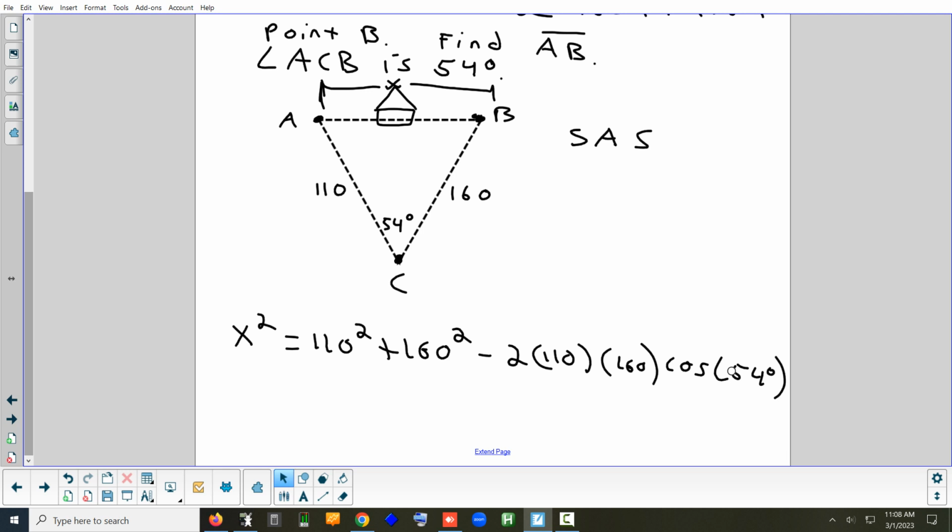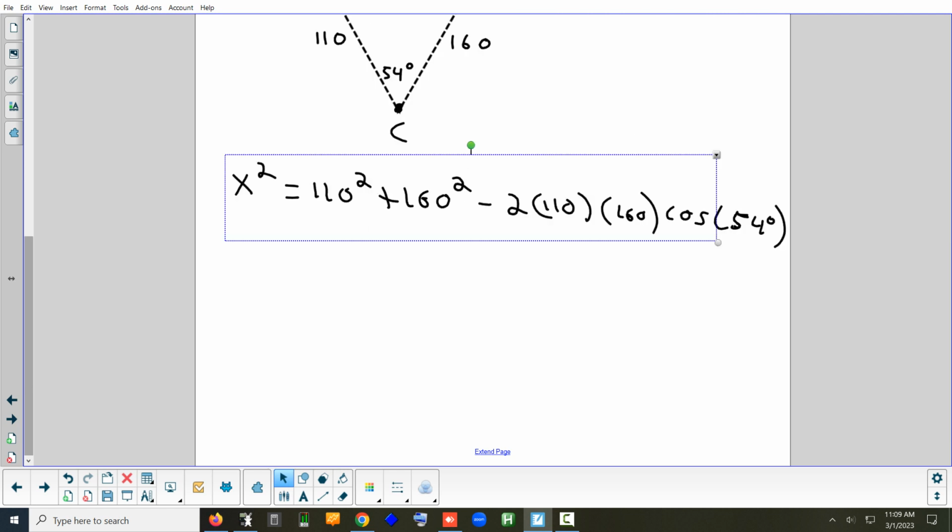There you go. So one side squared equals the sum of the squares of the other two minus twice the other two times the cosine of the angle that's across from the side you started with. And we'll just have to use our calculator because we'll get some pretty big numbers.